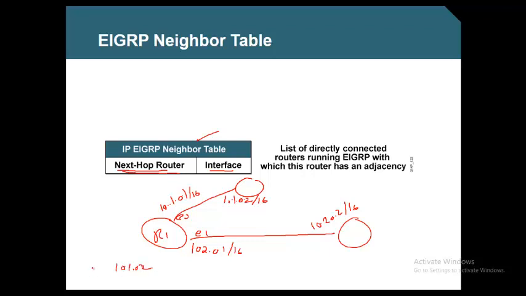He's a zeroth neighbor via E0. And I got first neighbor via E1, 10.2.0.2. You see? So this is what you will find in the neighbor table. I'm just writing only few things. There are a few more things also you will see.